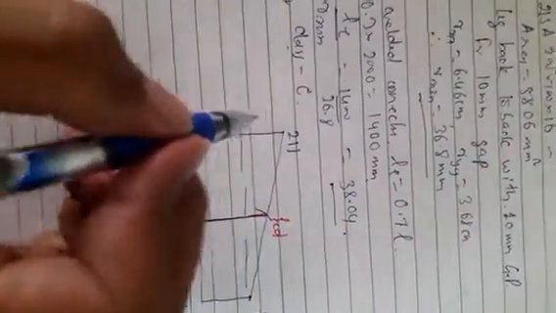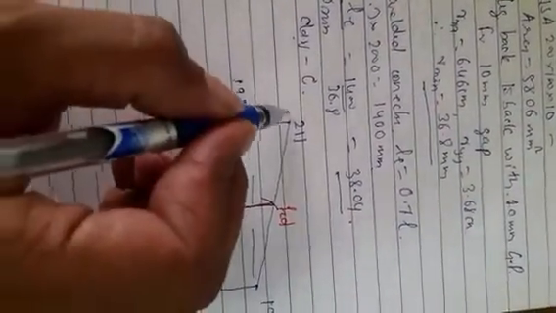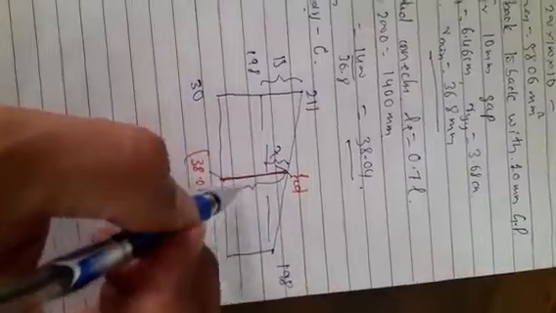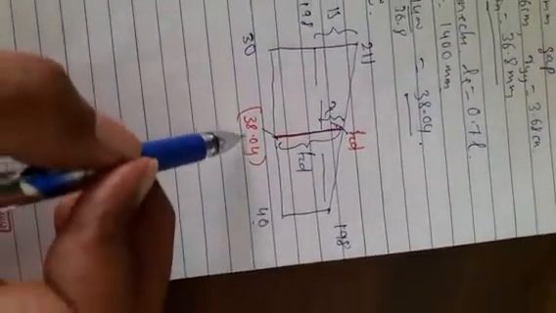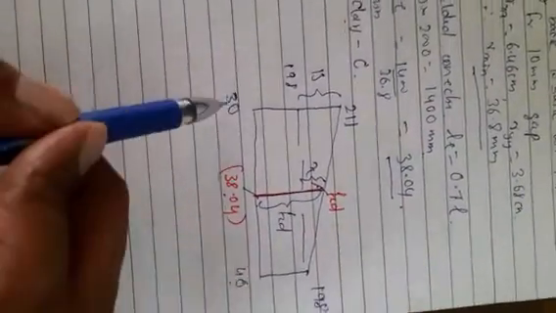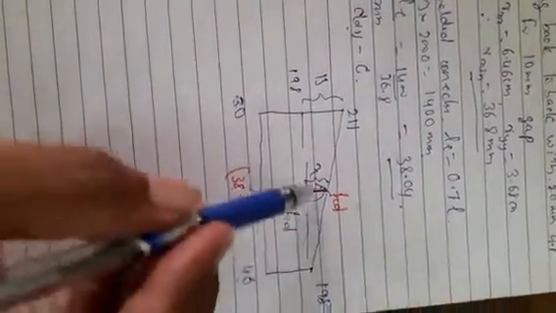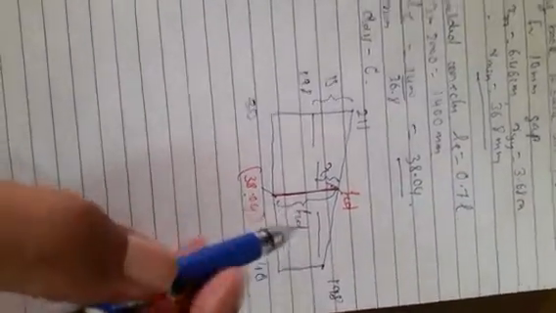This value is FCD. Let this difference be 13, this value is X, and this whole is FCD. So X divided by 40 minus 38.04 is equal to 13 divided by 40 minus 30. Find out X. X plus 198 will give you FCD.